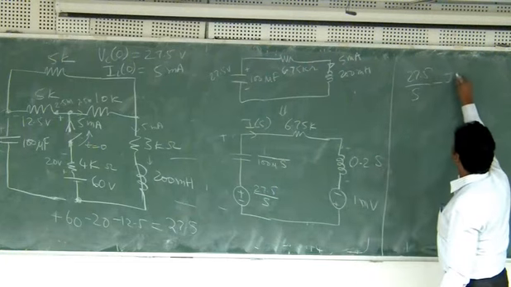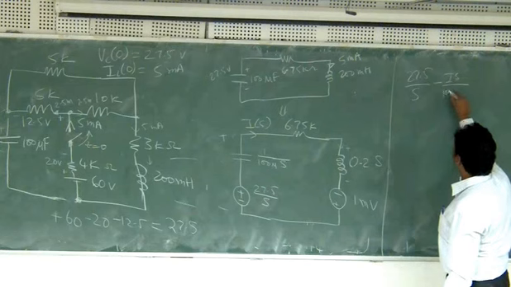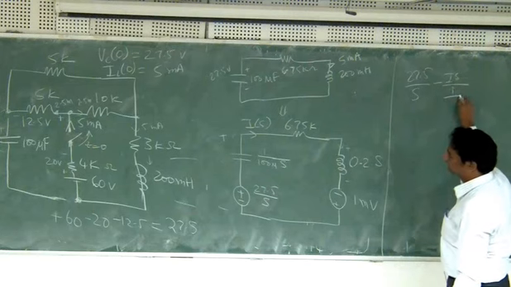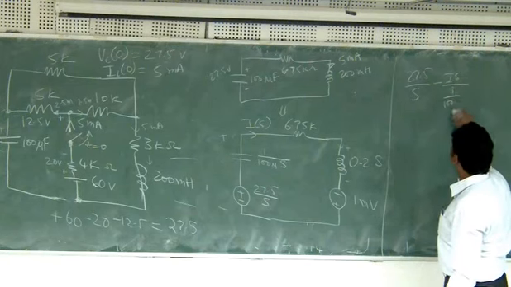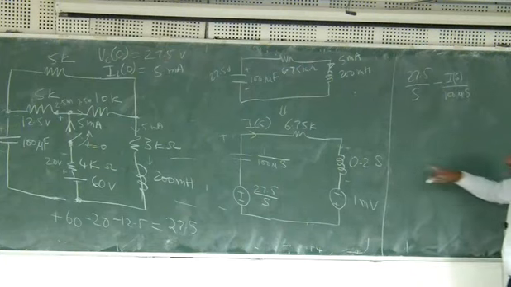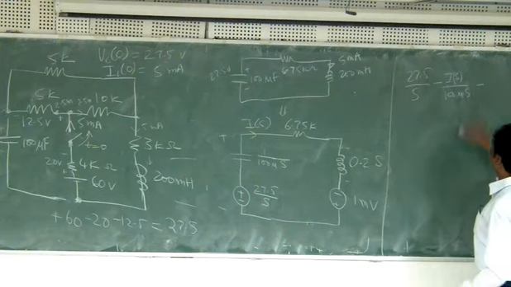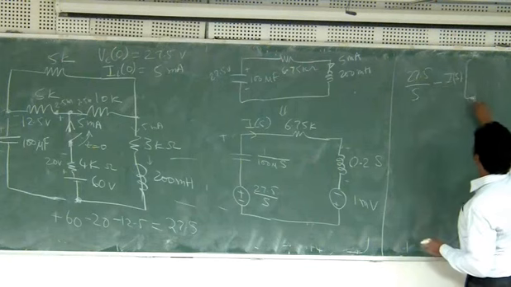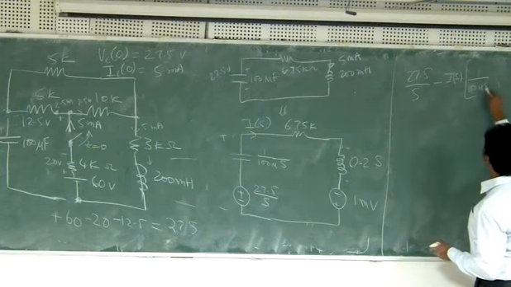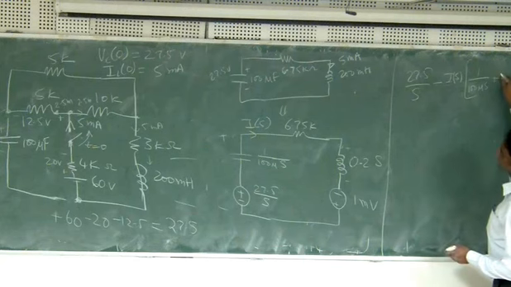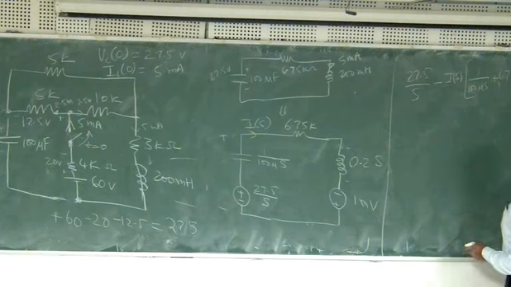So minus Is, actually it will be 1 by, no, Is into, so it will be 1 by 100 micro into S. Okay, then minus, so Is I can take common: 1 by 100 micro into S plus 6750 plus 0.2 S. Okay, and then minus 1 milli.